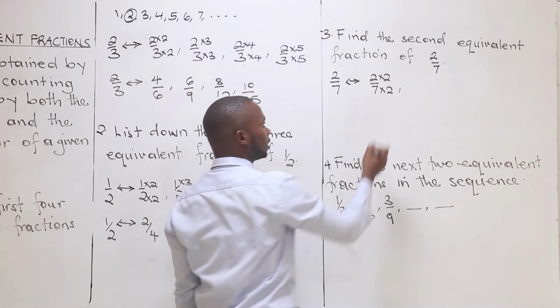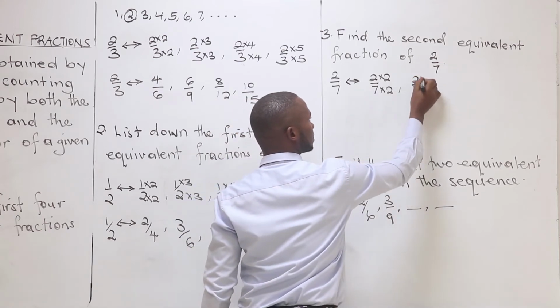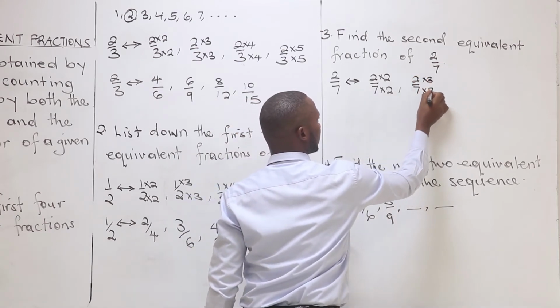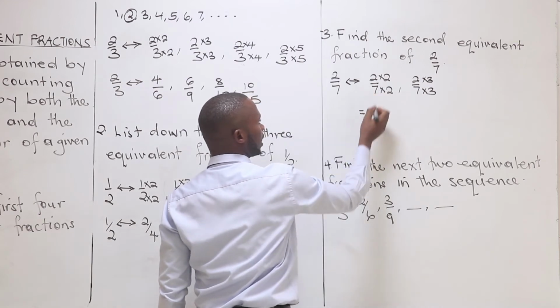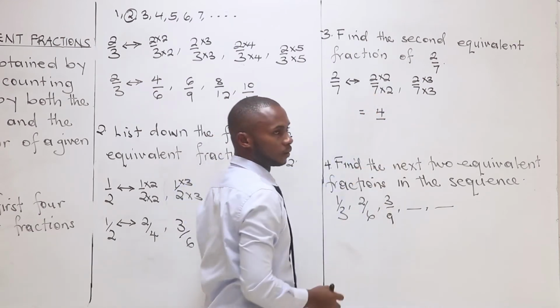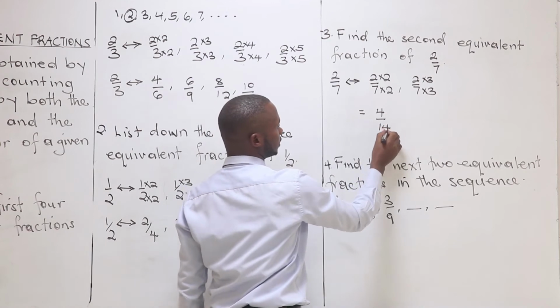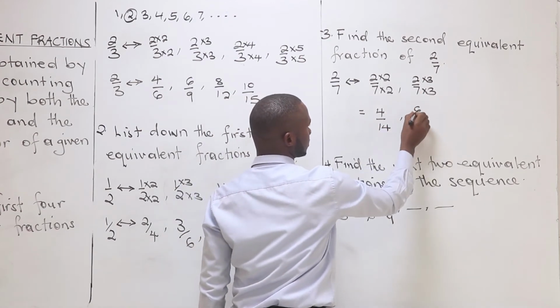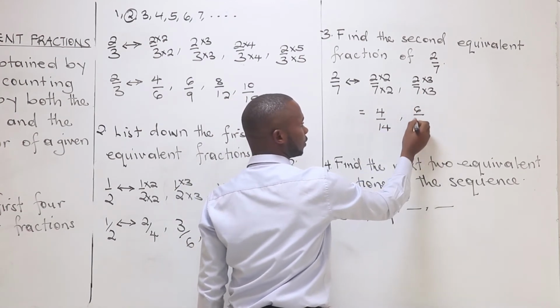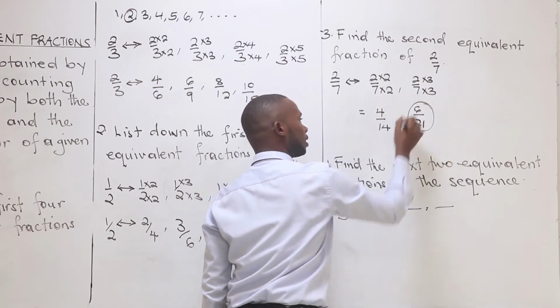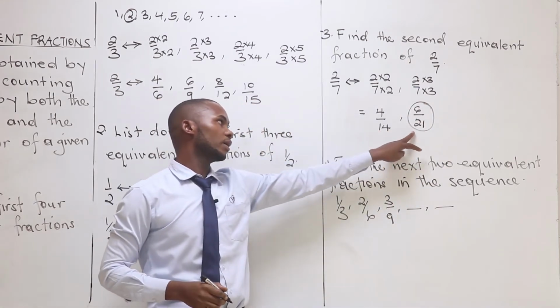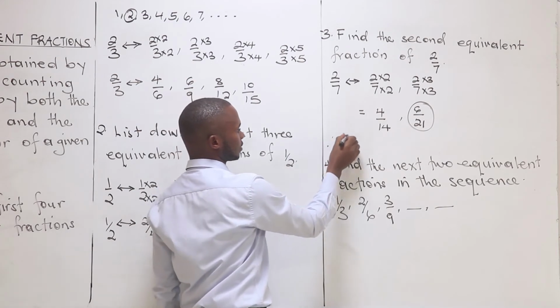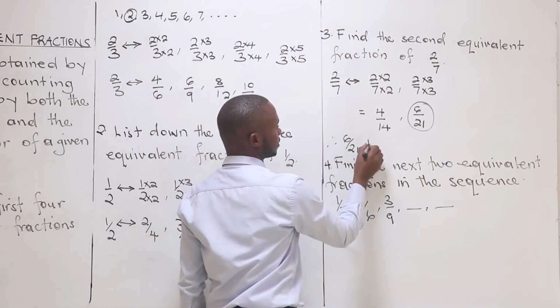Now the second is 2 out of 7 times 3 times 3. When you go down, you shall have 4 out of 14. Then this one will be 6 out of 21.